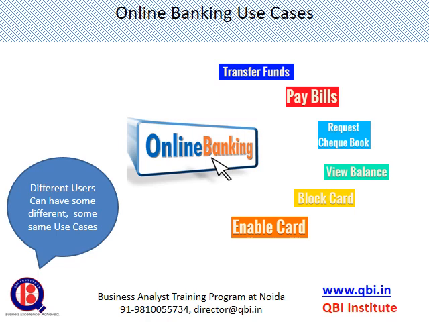So say for example, block card and enable card as a functionality is available only to the administrators, whereas other use cases like transfer funds, pay bills, request checkbooks, view balance is available to all the account holders of this online banking system. So different users or different roles in a given software can have some different and some similar use cases.